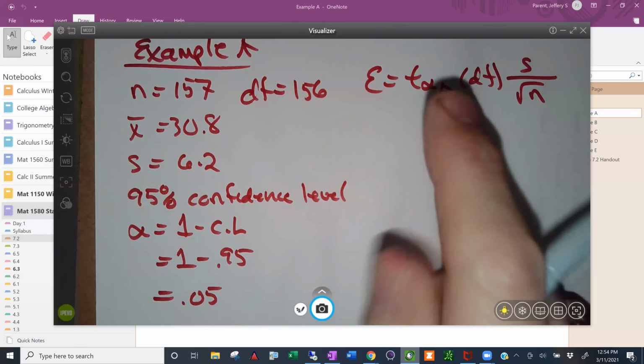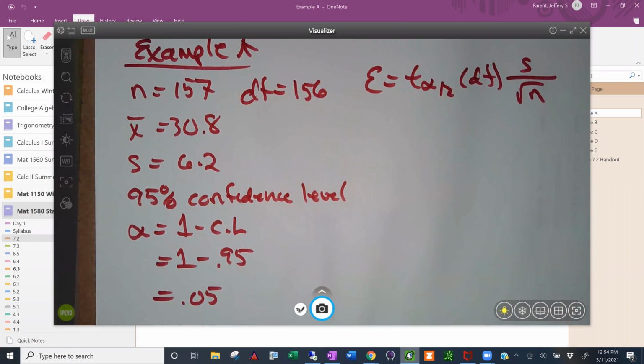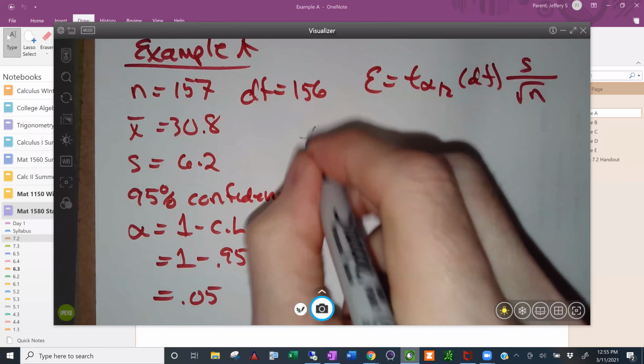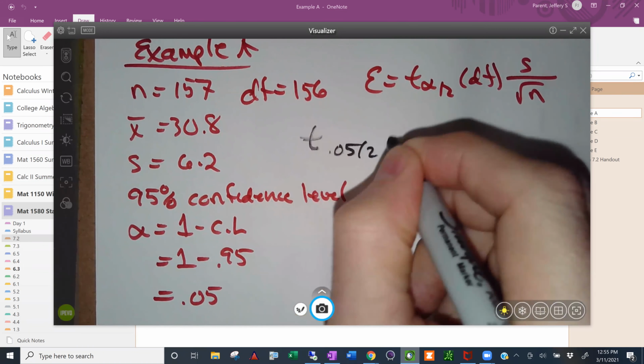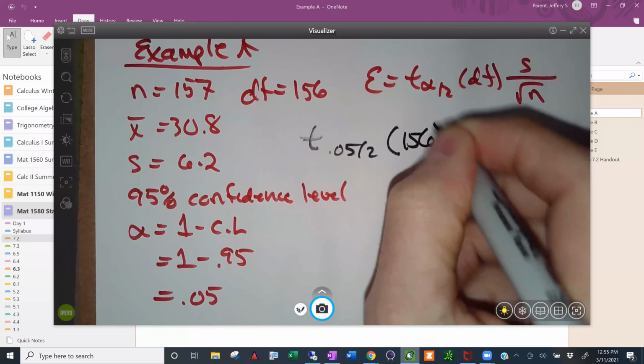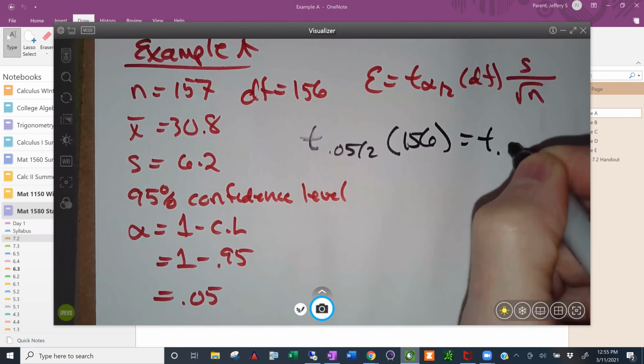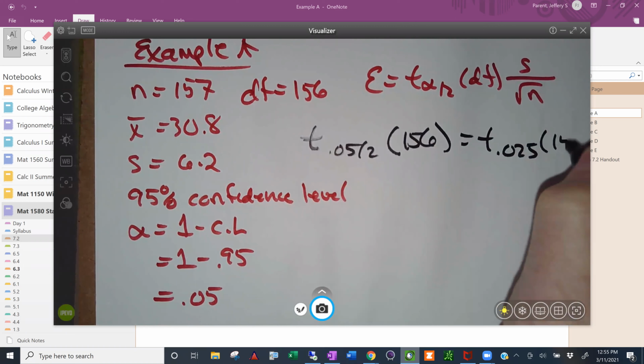We're going to need to find this for this value of alpha and the appropriate degrees of freedom. So t sub 0.05 over 2, 156 degrees of freedom, is going to be t sub 0.025 for 156 degrees of freedom.